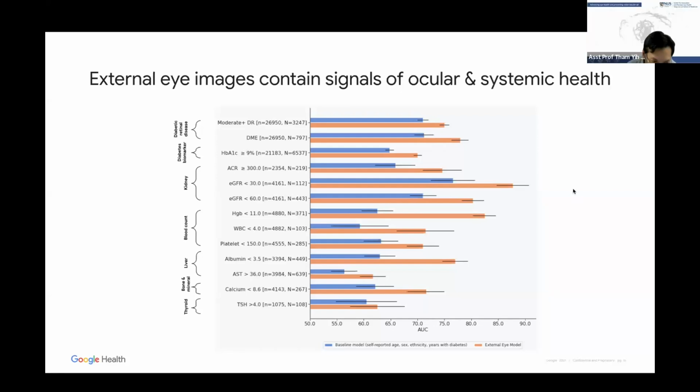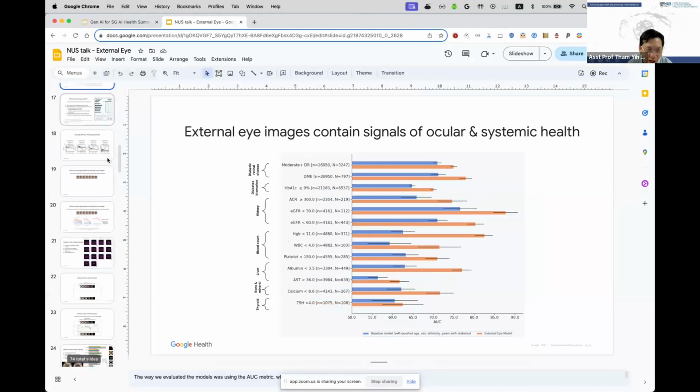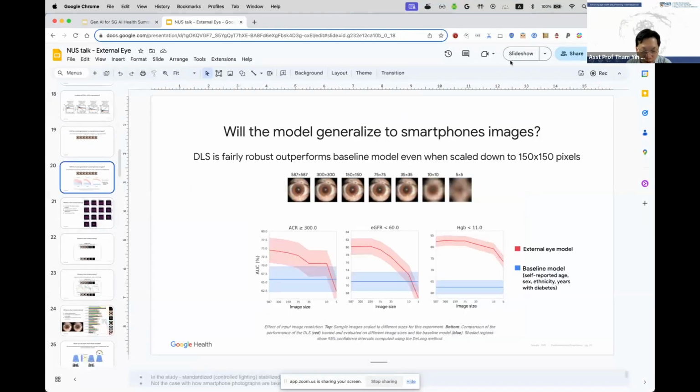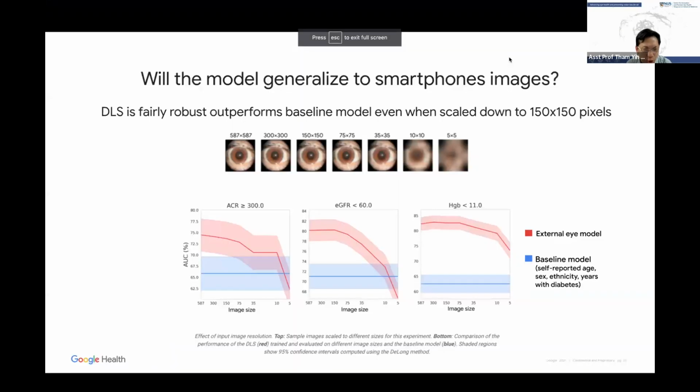Yun, perhaps I can follow up with the next question, a little bit pertaining to this smartphone question as well. I know in your paper you didn't quite get to use the smartphone, but you demonstrated different image resolutions and indirectly indicated that it's potentially possible. So assuming the smartphone part is indeed possible, when it comes to actual deployment, how do you plan to prove the value?